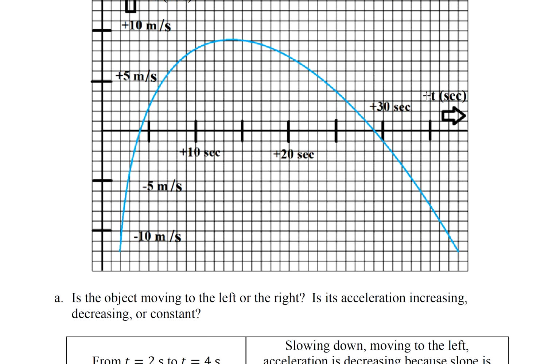And then finally, from 29 seconds and on, it looks like the slope is decreasing or almost the same, and we're moving to the left because the velocity is negative. From 29 seconds and on, the velocity is negative.